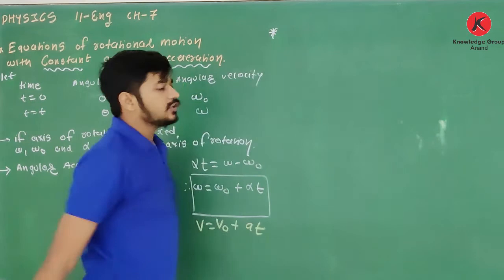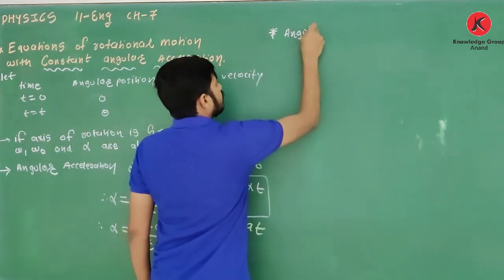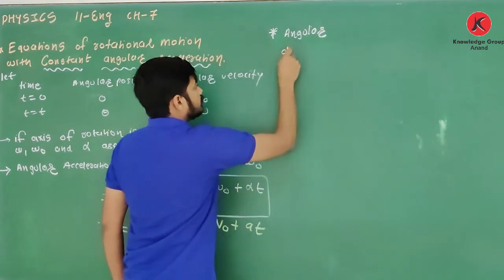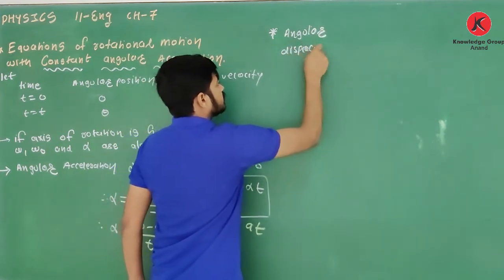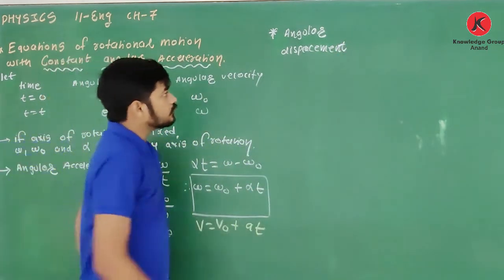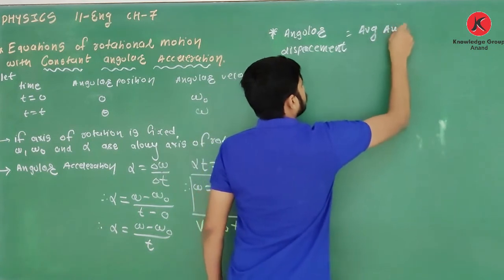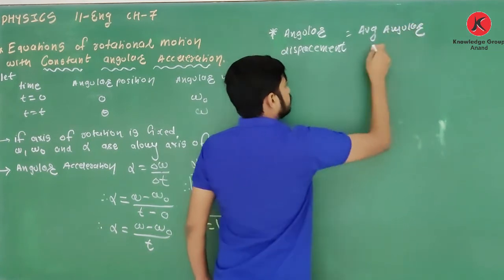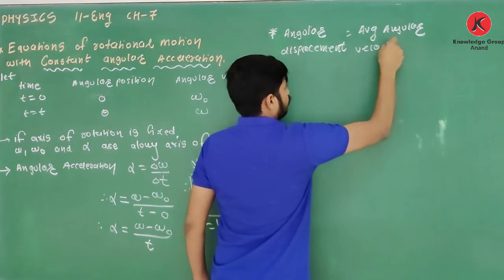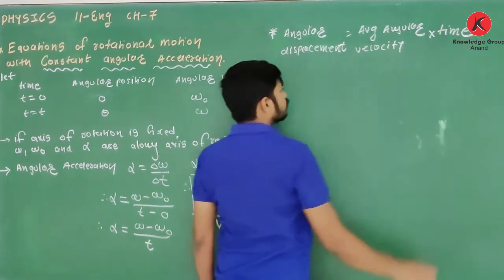We know one definition. Angular displacement is equal to average angular velocity into time. Yes, you know this definition.